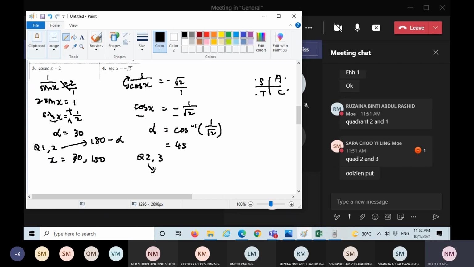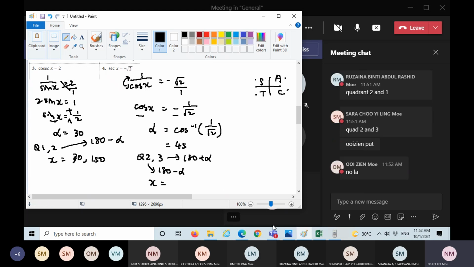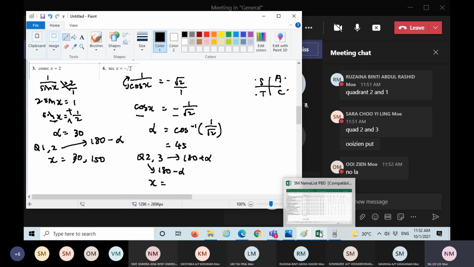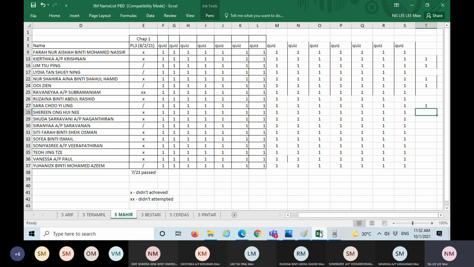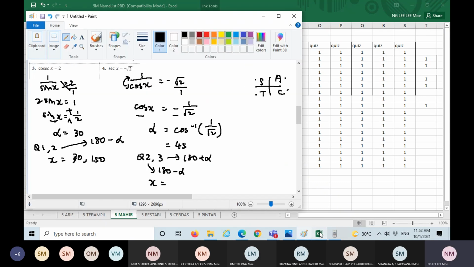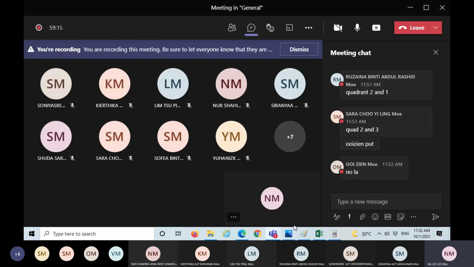So for the second quadrant, remember is 180 minus the alpha. Third quadrant is 180 plus the alpha. Can I have the next answer? Berlin, okay, can you please tell me the answer? I already got you.